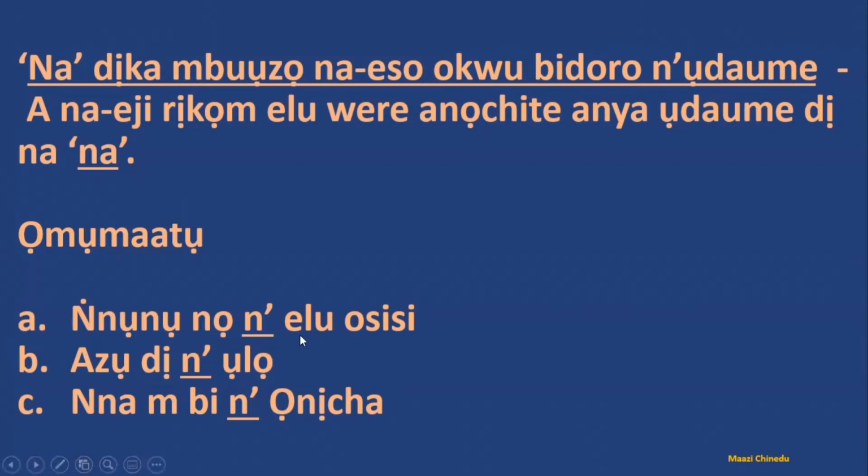Ewesi na mgbe nke a mere na n'ebe ahụ na-alụ ọlụ dịka mbuzo. Nnụnụ nọ n'elu osisi. Azụ dị na ụlọ. Nna m bi na Onitsha.